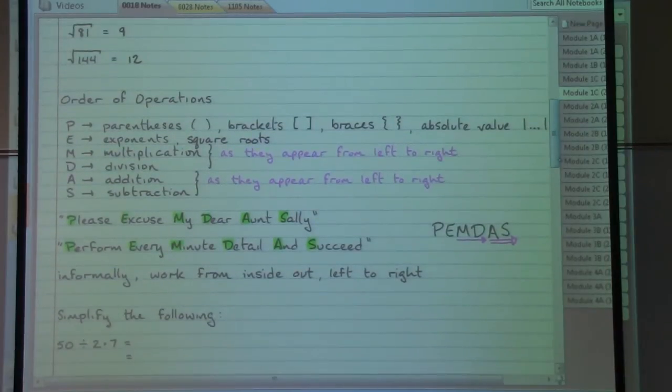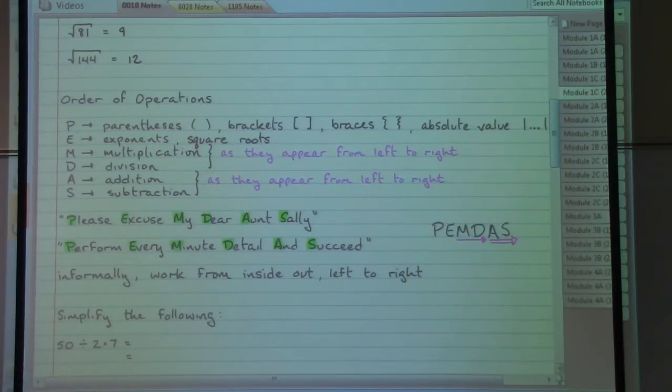So, let us start with something that is short and sweet, but still has a very important element to it. We want to read our problem so that we know what is there and we can compare it to our order of operations. Figure out what we need to do first and do that.